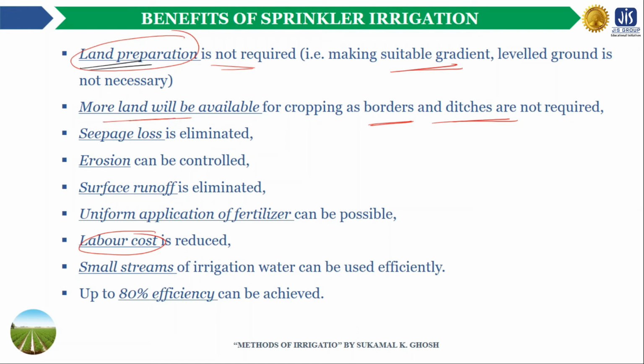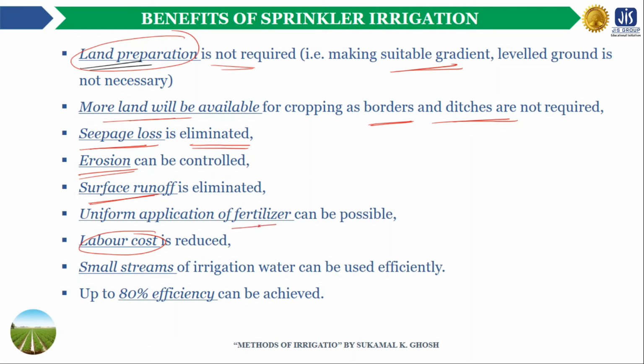Now in the sprinkler system of irrigation, the water is applied at a rate lesser than the infiltration capacity of the soil, and thus surface runoff can be eliminated and washing of the topsoil, or erosion, can be controlled. Also, the seepage losses which occur in earthen channels of surface irrigation methods are completely eliminated.